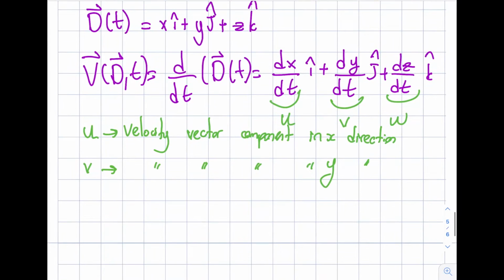And w will be the velocity vector component in the z direction. I will use this a lot, so I would like us to be on the same page. So this is kind of important for me.